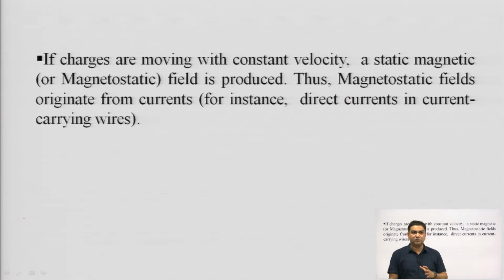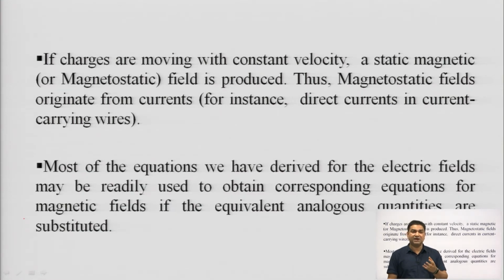If charges are moving with constant velocity, a static magnetic or magnetostatic field is produced. Thus, magnetostatic fields originate from currents, for instance, direct currents in current carrying wires. This is the basic theory of magnetic field, which says how these magnetic fields are generated.